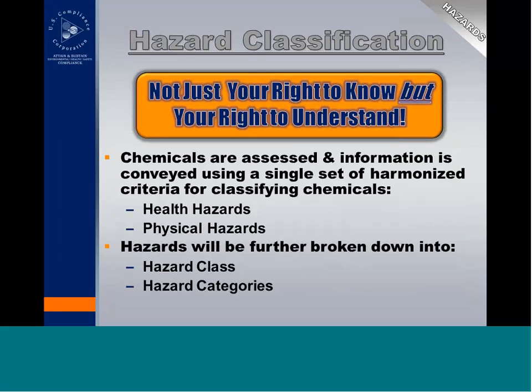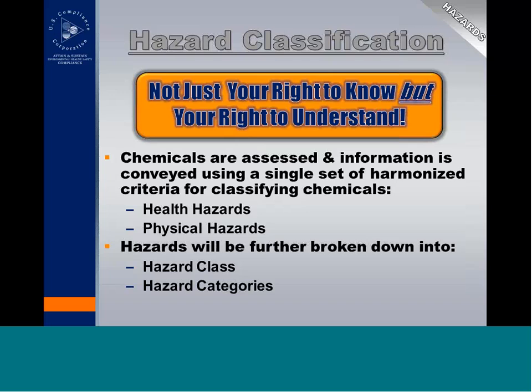So under OSHA's revised hazard communication standard, there is a requirement for standardized hazard classification. And the goal of this is to ensure that you don't just know what the potential effects of the material are, but that you also understand what those hazards are. As a part of the revised standard, OSHA has set forth an appendix for hazard classification.